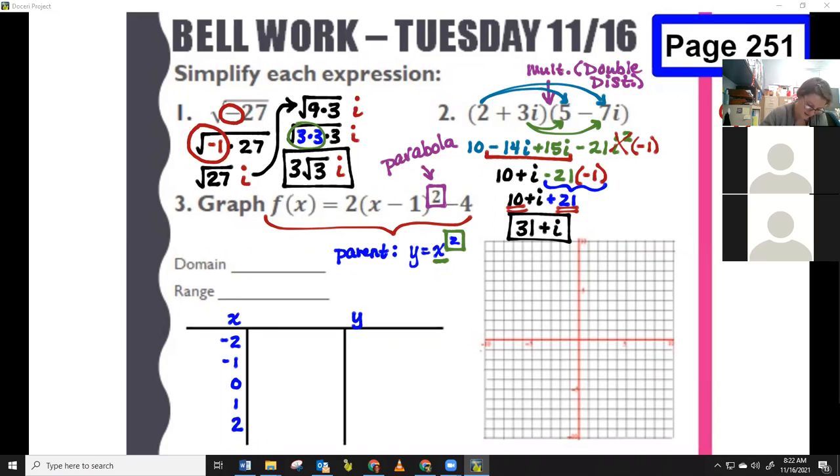What about -1 times it by itself? 1. What about with 0? 0. Then it repeats. It's going to be 1 and 4 because it repeats itself. Absolutely. All right, so let me go over here and graph those.